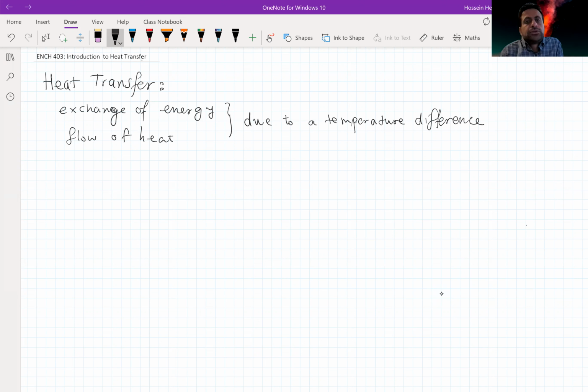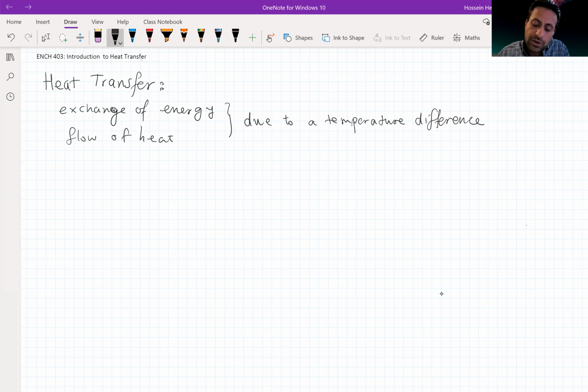Now, when two bodies at different temperatures come in contact, we expect to see the exchange of energy, or the flow of heat, from the body at a higher temperature to the body at a lower temperature. And this is what we refer to as heat transfer.